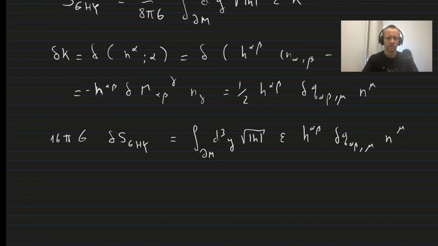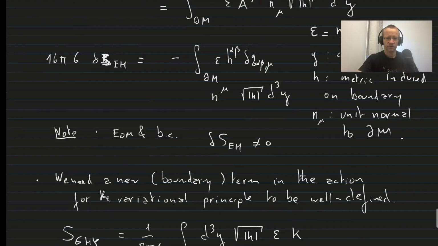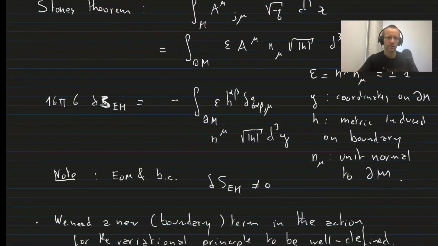Now, we should compute the variation of the full action, namely the Einstein-Hilbert action plus the Gibbons-Hawking-York term. We found a first term, a bulk term proportional to the equations of motion. Then we found a second term, which is written here, from the variation of the Einstein-Hilbert term.